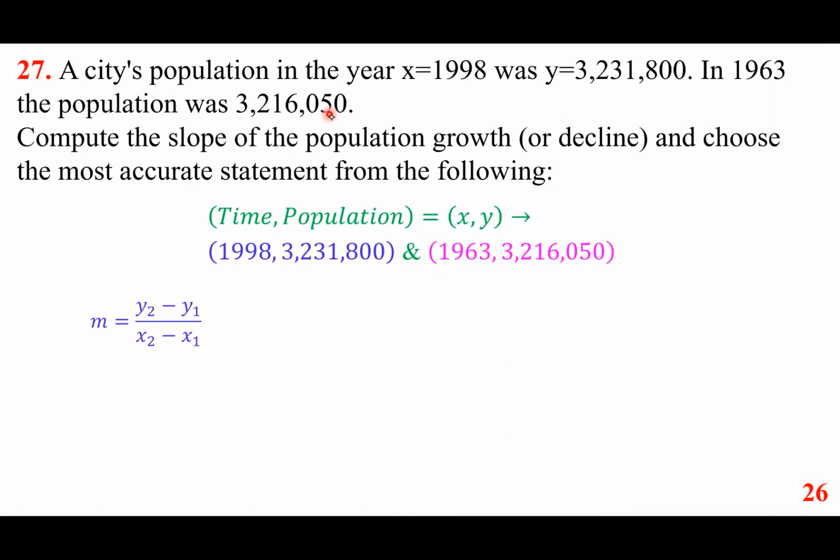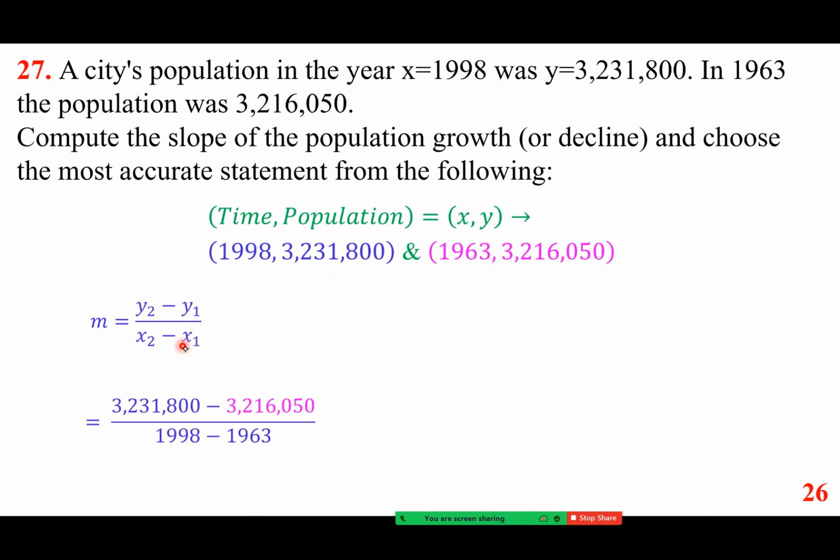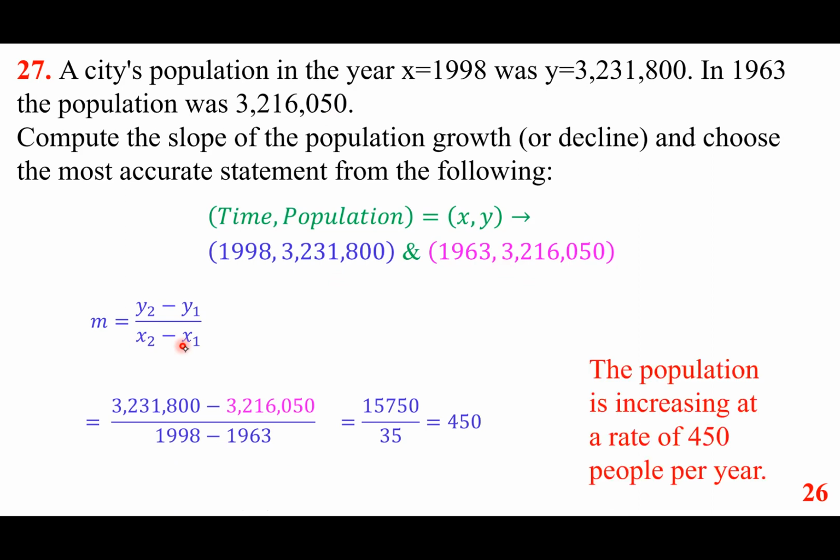We just plug in. So replace them accordingly. Simplify into 450, and that means the population is increasing at a rate of 450 people per year.